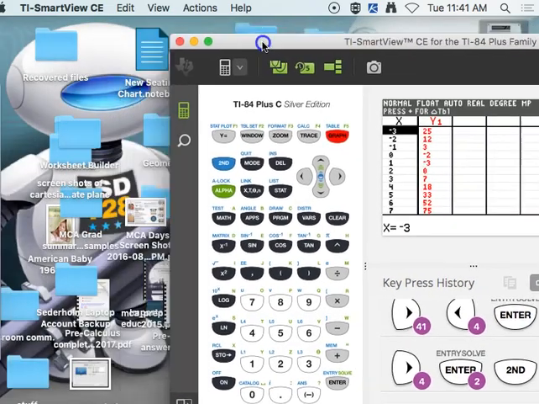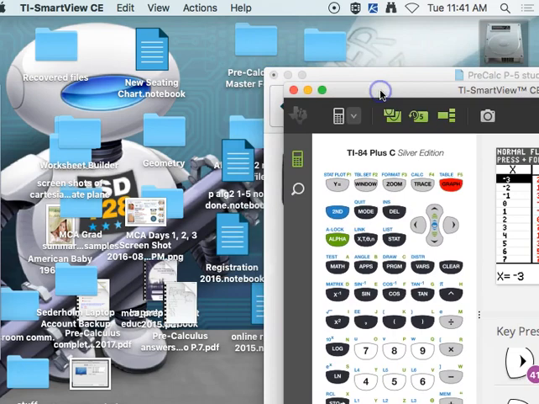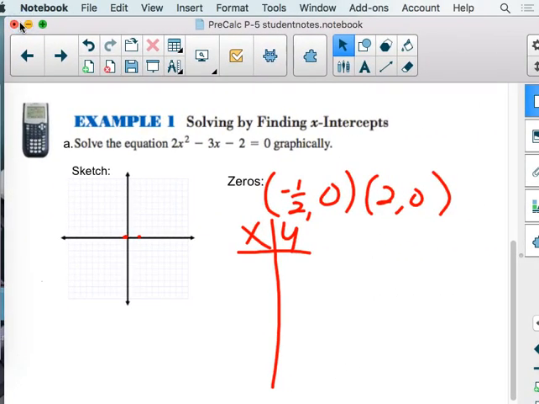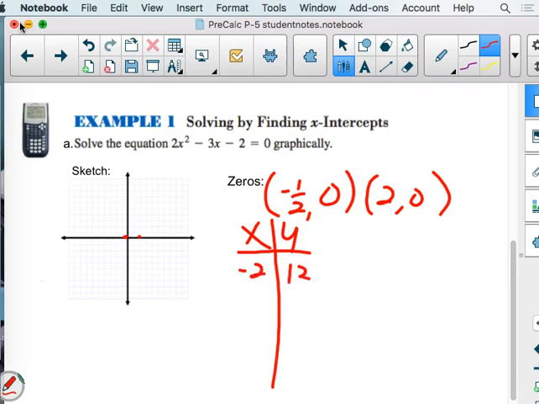So I go back here and write them down. And then graph those points.